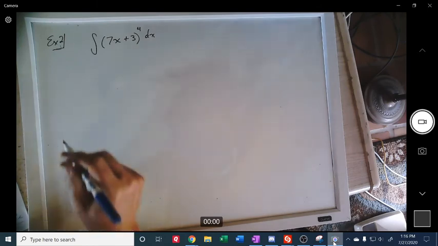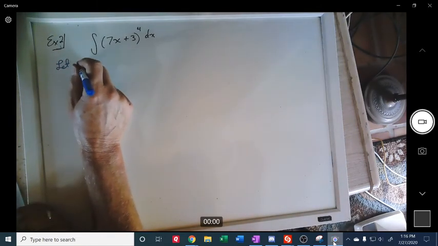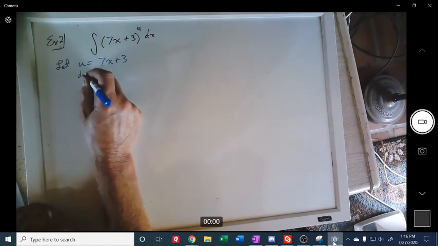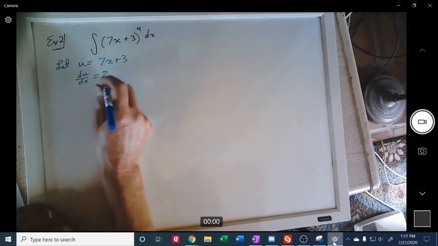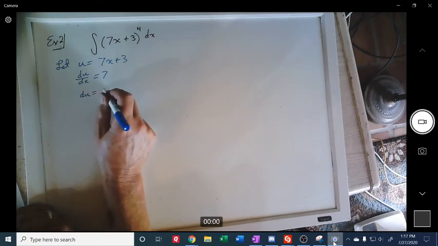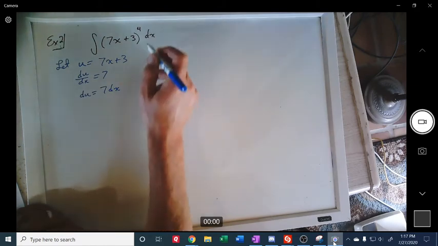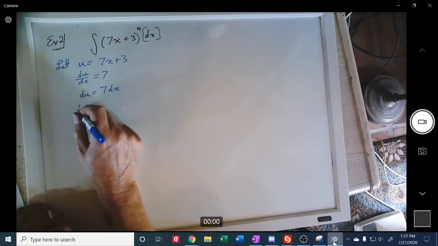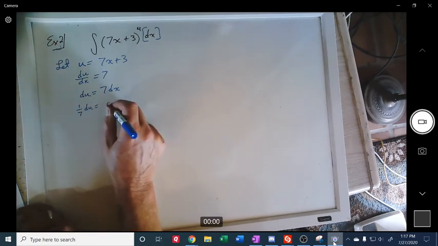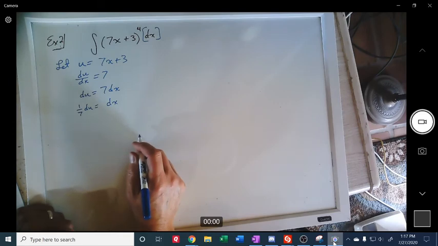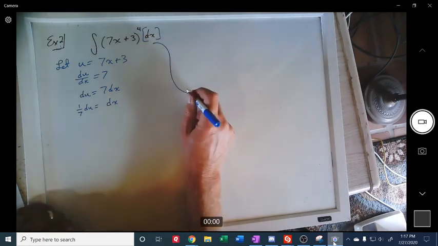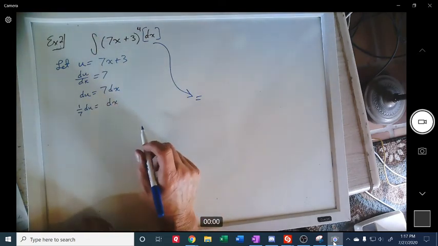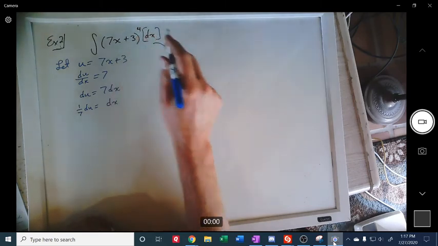Alright, so I'm going to create this new variable u to be the inner function. du dx is 7, multiply both sides by dx. Now I want to match this thing exactly, so I'm going to divide both sides by 7. So now I can rewrite the whole problem without using any x's. u to the 4th.